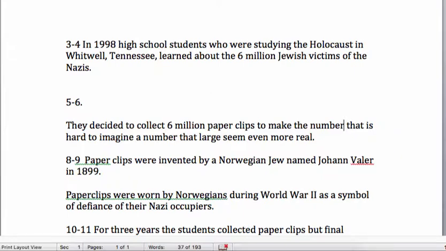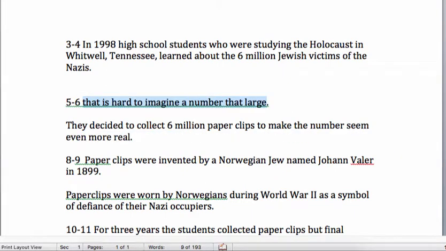Now, because it kind of interrupts what we can get rid of this number too. Let me try this again. Okay, it is what's going to be gone. It is hard to imagine.